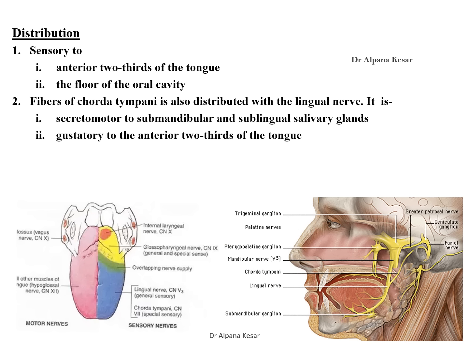Distribution of lingual nerve. Lingual nerve is sensory to the anterior two-thirds of the tongue and carries the sensation of touch, temperature, and pain from the anterior two-thirds of the tongue. It is also sensory to the floor of the oral cavity.